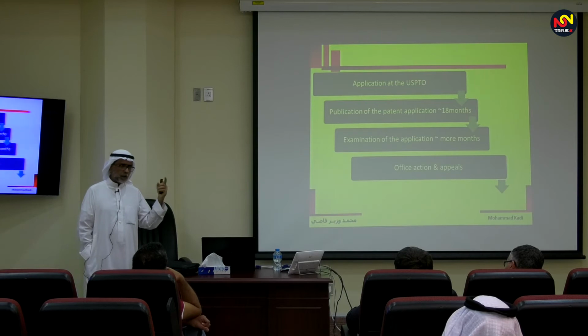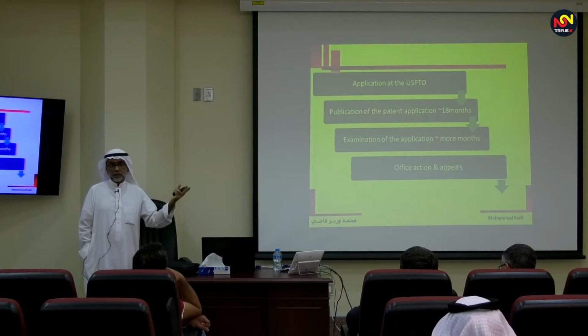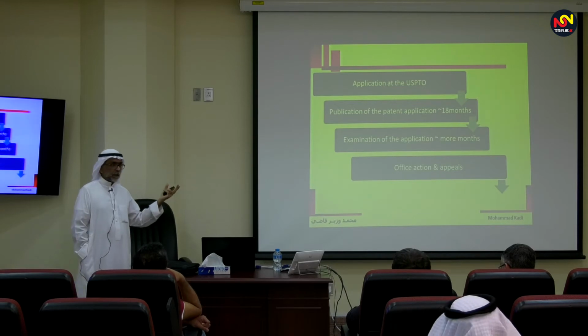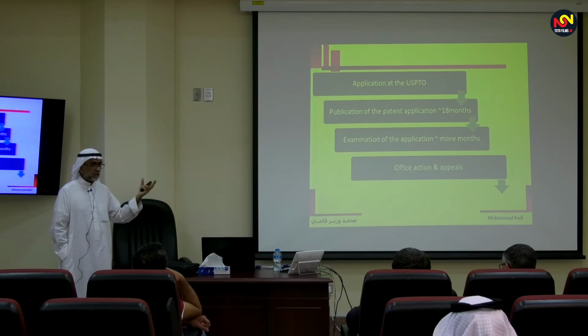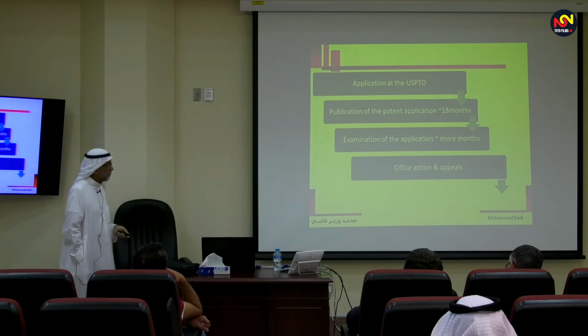So we have to go back and forth and discuss with him, maybe 1 time, 2, 3, 4 times, to convince him that our idea is different from the references he brought.